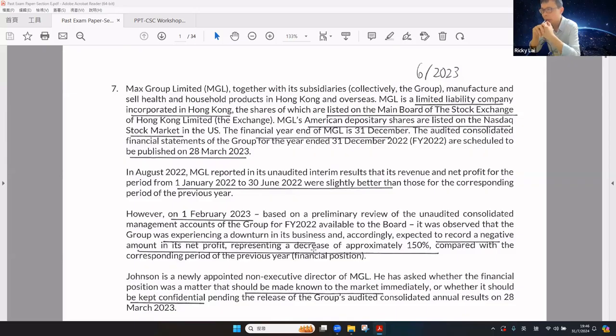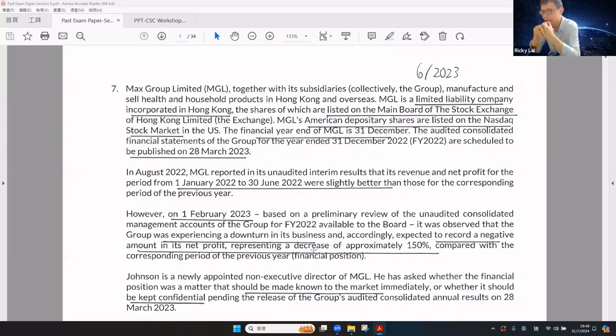The company is a Hong Kong company doing business overseas in health and household products. The type of company is a limited company in Hong Kong, and the shares are listed on the stock exchange. And not only the Hong Kong Stock Exchange, the company has ADRs listed on the Nasdaq stock market in the US.